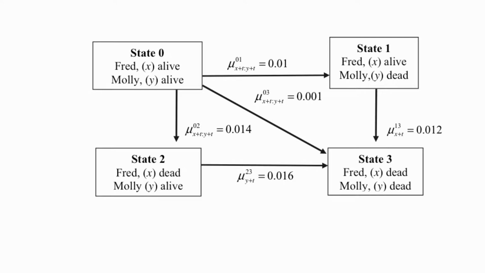The force of transition from state 0 to state 1 is 0.01, to state 2 is 0.014, to state 3 is 0.001. The force of transition from state 1 to state 3 is 0.012, and the force of transition from state 2 to state 3 is 0.016.